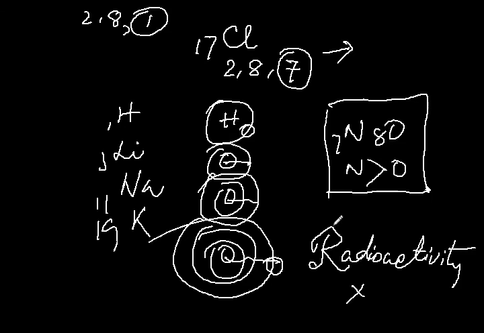And all others, electropositivity, electronegativity, the basic property, acidic property, reducing property, oxidizing property, first ionization potential, etc. are periodic properties of the element. So keep this in your mind.